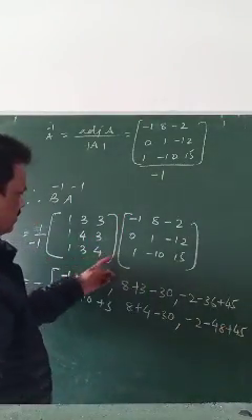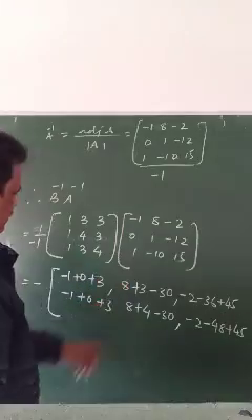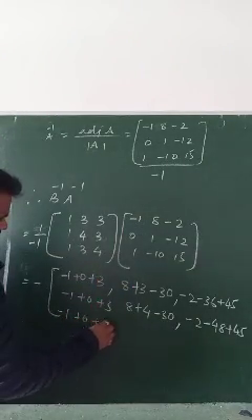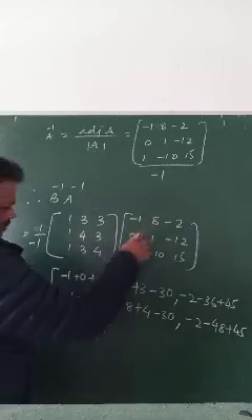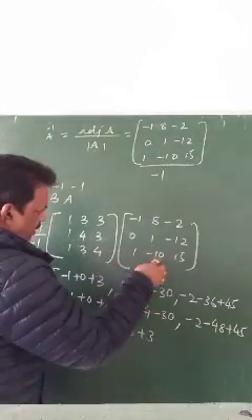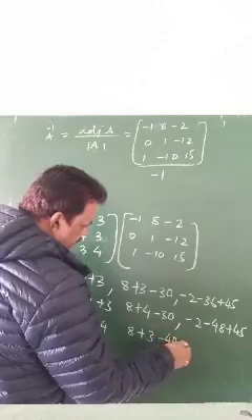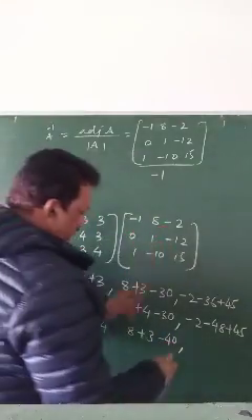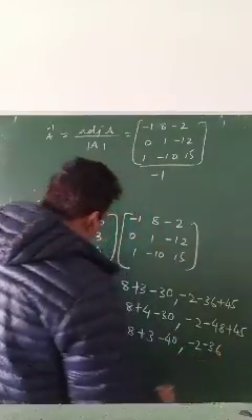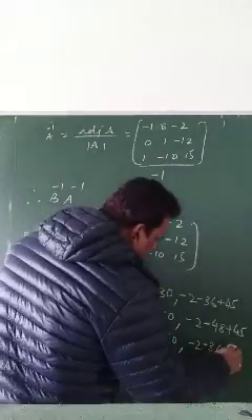Then third row, first column, -1 plus 0 plus 4. 1 into 8 is 8, 3 into 1, 3, 4 10 minus 40. 1 into -2 minus 36 plus 60.